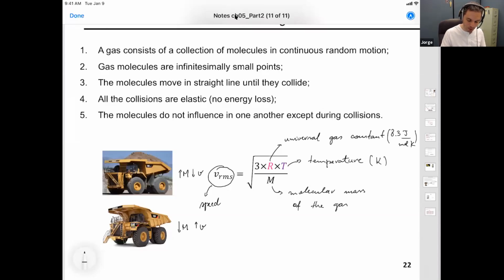And here the molecular mass of the gas has to be kilograms per mole. And that will give us the speed in meters per second. Okay. So here the units are a bit trickier. So you have to use all the international system to cancel out everything and get the speed in meters per second.